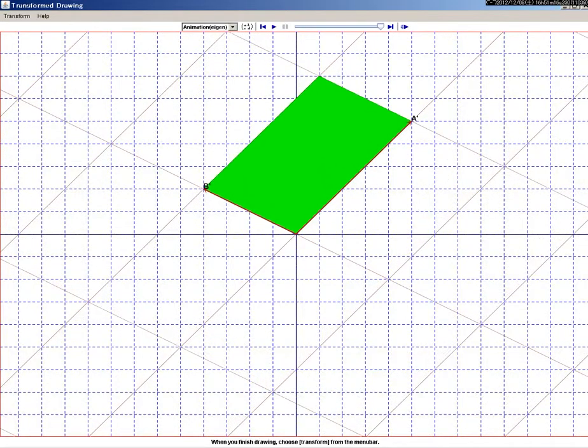Yeah, it's similar to A. You can tell that because it magnifies 5 times along vector OA and twice along vector OB. And we can compare these transformations.